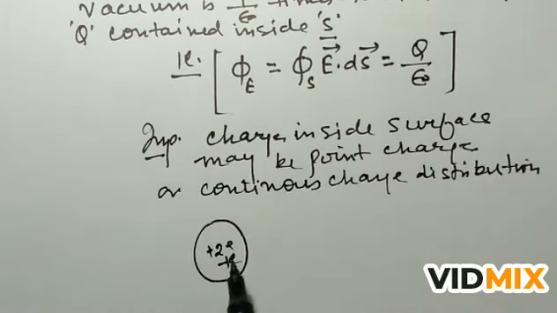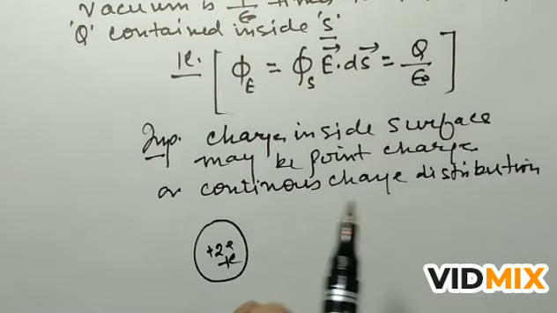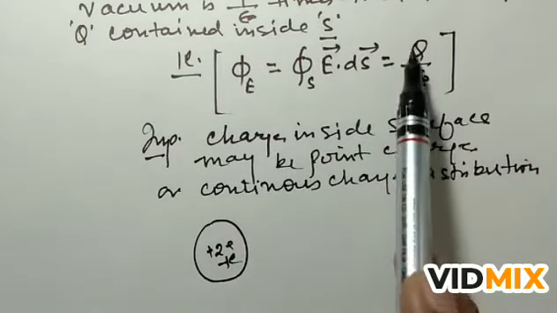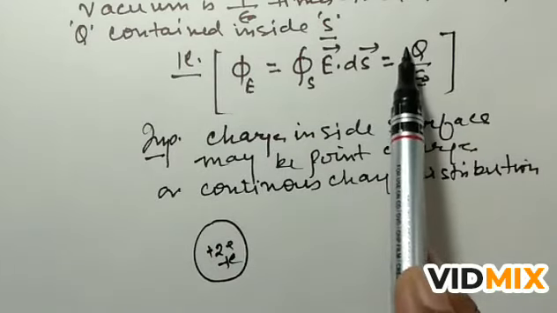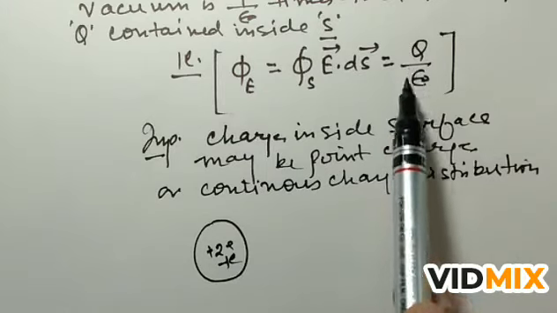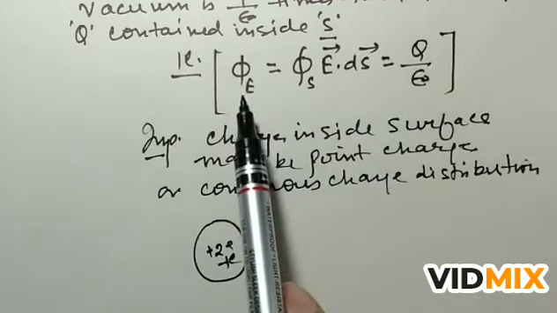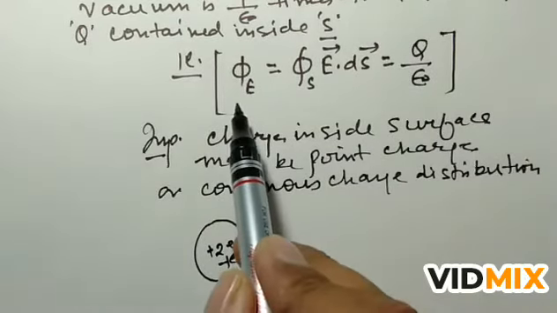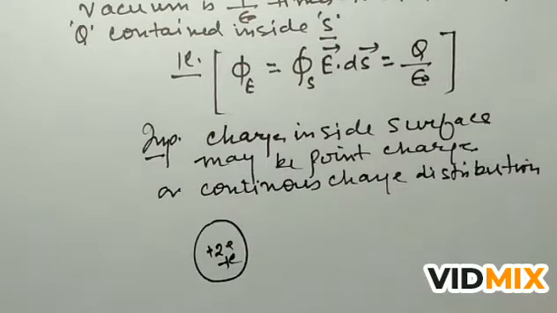The charge will be E, because plus 2E and minus E gives 1E, and therefore the total flux from this surface will be E by epsilon naught. So phi is equal to Q by epsilon naught. This is the total flux that we find with the help of the Gauss theorem.